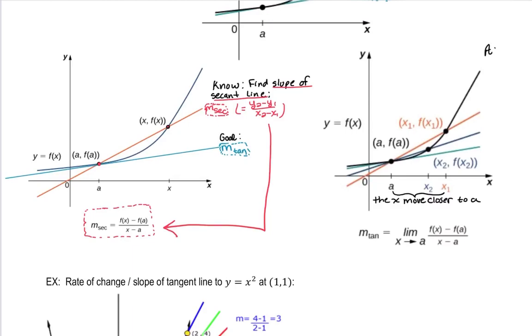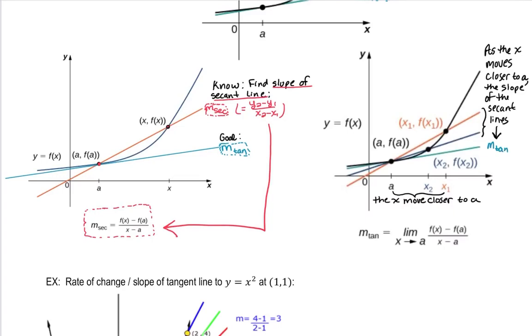What we want to observe is that as x moves closer to that original point A, the point where we want the slope of the tangent line, the slope of these secant lines is getting closer and closer to what we are trying to measure. They are approaching the slope of this tangent line.